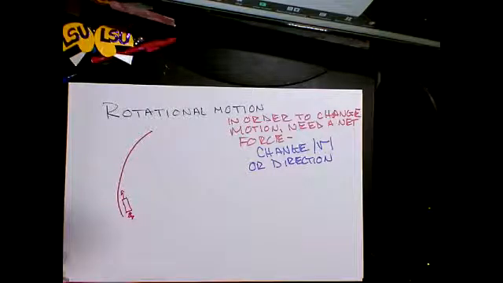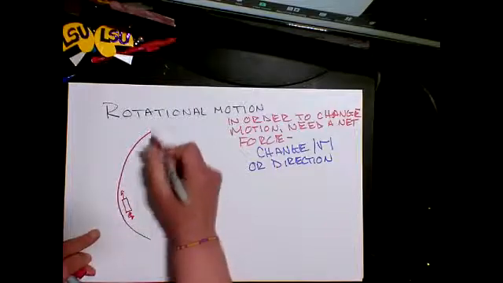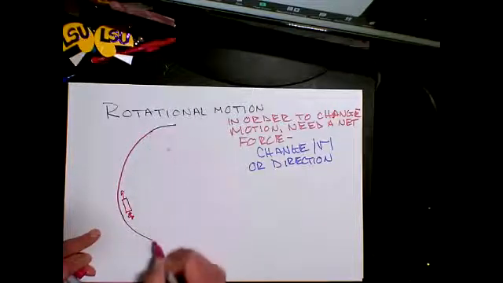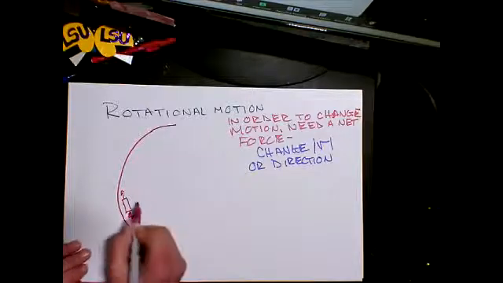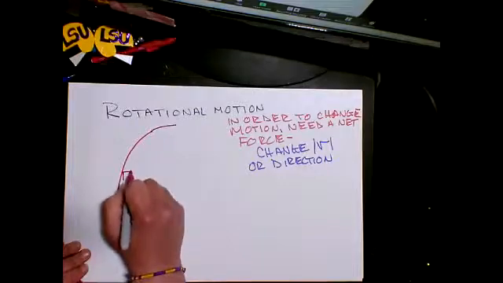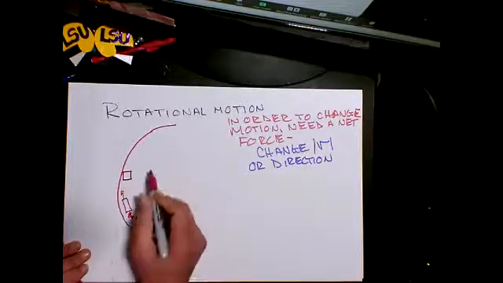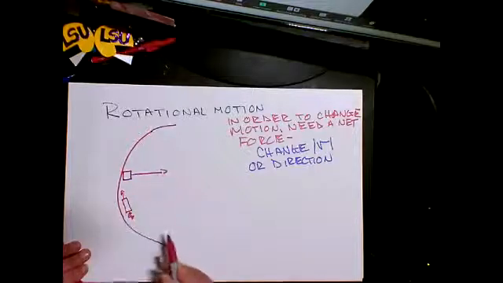And the way we define how something is accelerating, or what the direction of the acceleration and the net force would be, is we say the net force, let me move the car up here so it's going to be more of a straight line. The net force points towards the center of the circle.